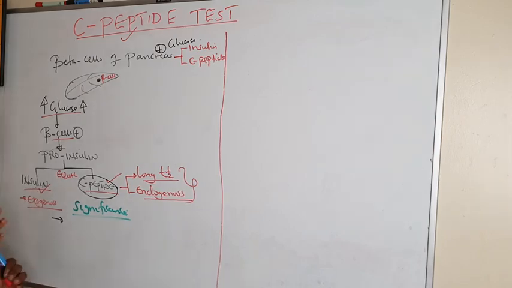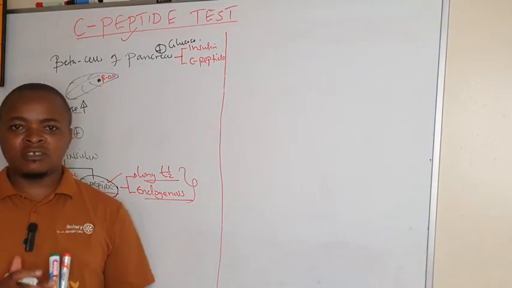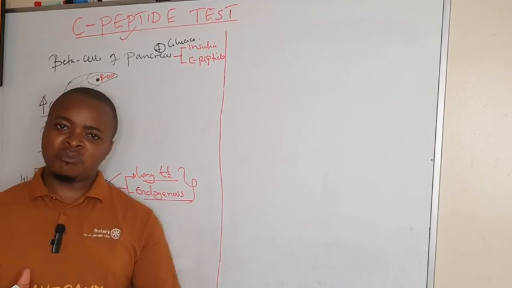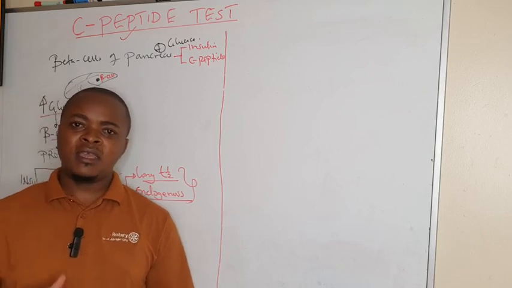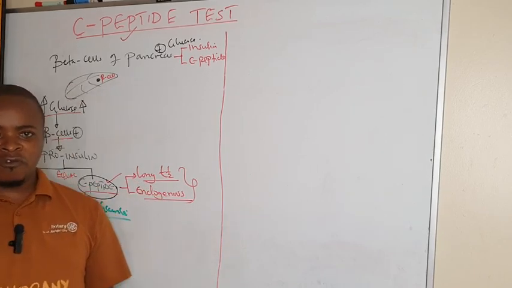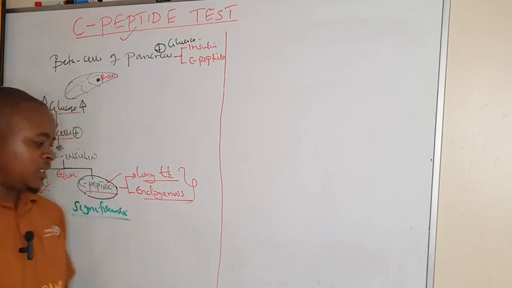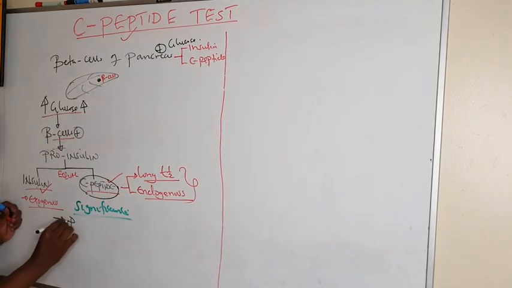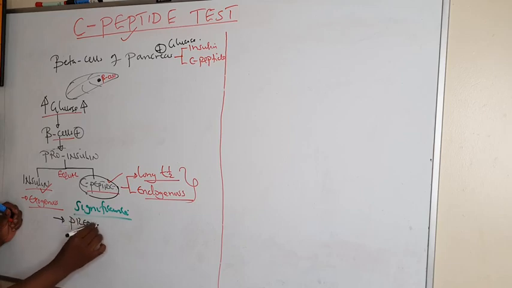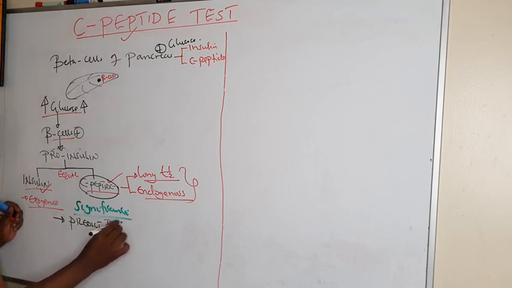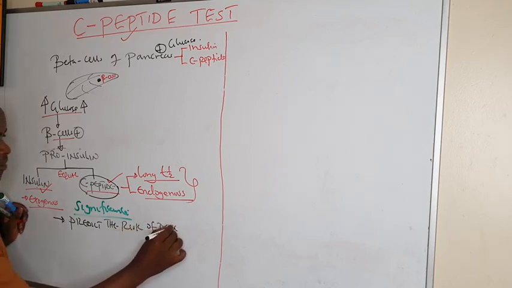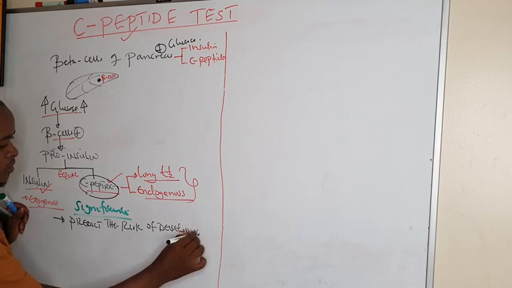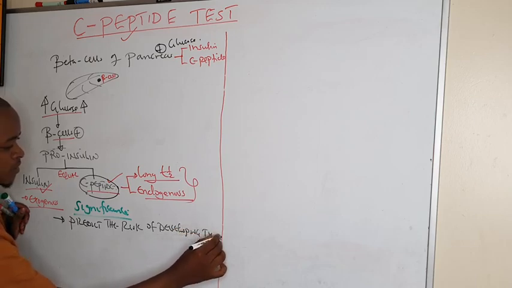I can predict a risk of developing type 2, especially in obese patients, before it even starts. So it can be an early indicator of developing type 2 diabetes. That is one: we can use it to predict the risk of developing type 2 diabetes.